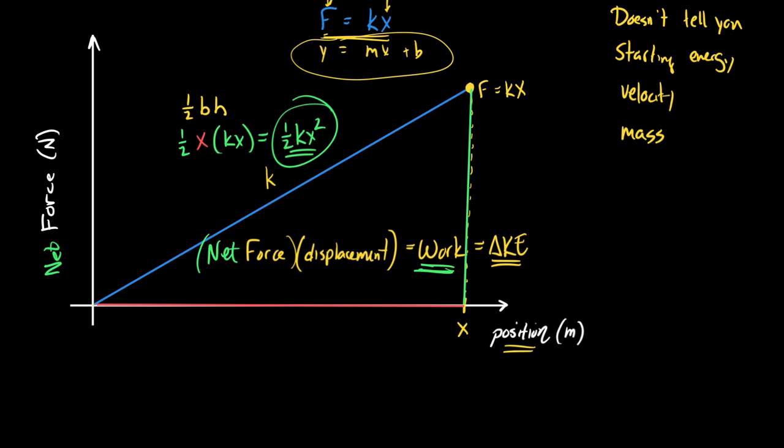If you were given one of those, you could probably determine other stuff, but it doesn't give you those. So with that being said, you would not be able to know the momentum. These are things you would not be able to tell from this graph. All right? Got a few more. We're doing good so far? All right.